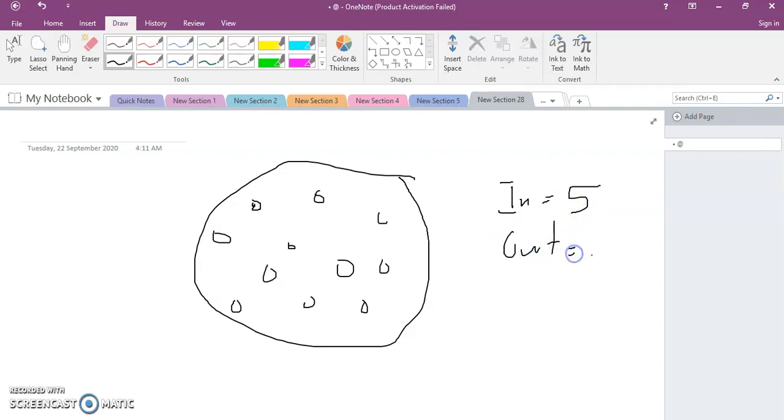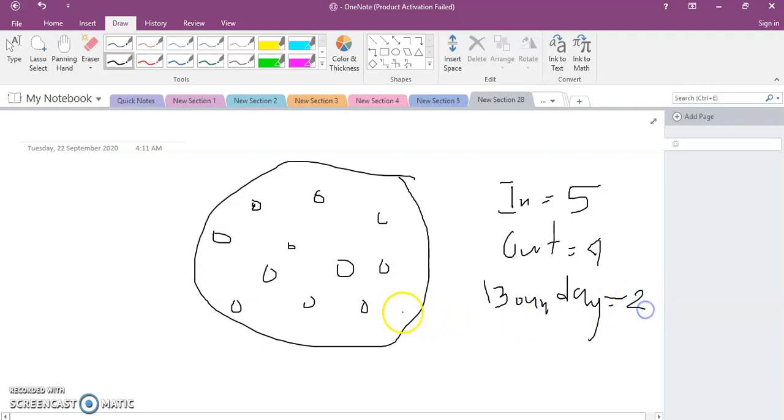Out is equal to 4 or 3. Then boundary is equal to 2. The total is 11.